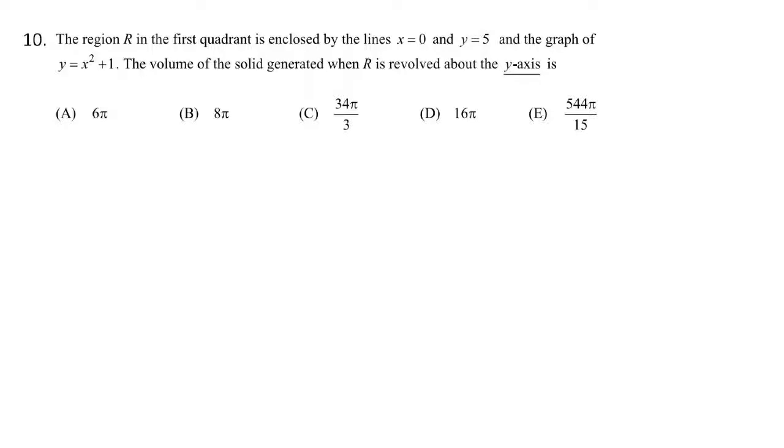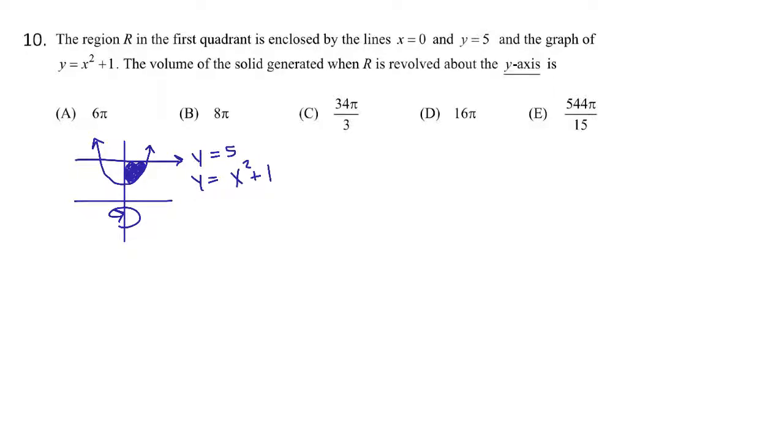In our next problem, we are still finding volume, and we have the function x squared plus 1, and then we also have the function y equals 5. So notice that we are going to be looking at this bounded region here, and so if we're rotating about the y-axis, we are going to have to change our y equals x squared plus 1.